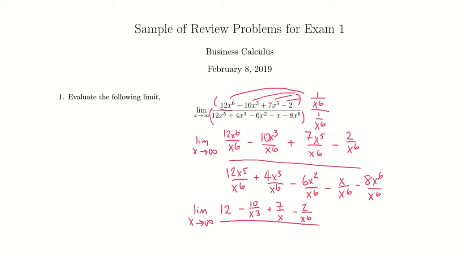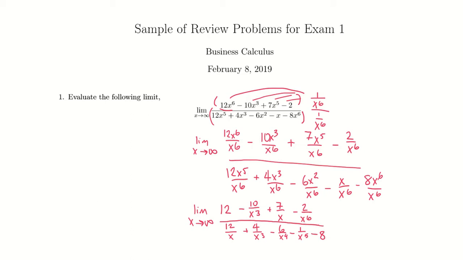In the denominator, 12 over x plus 4 over x to the 3rd minus 6 over x to the 4th minus 1 over x to the 5th minus 8.